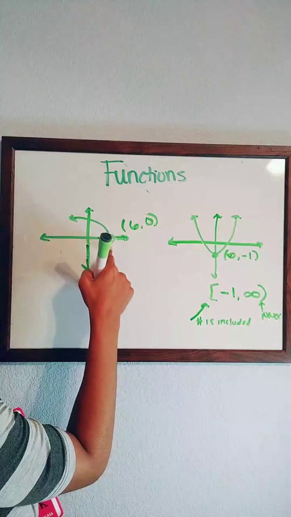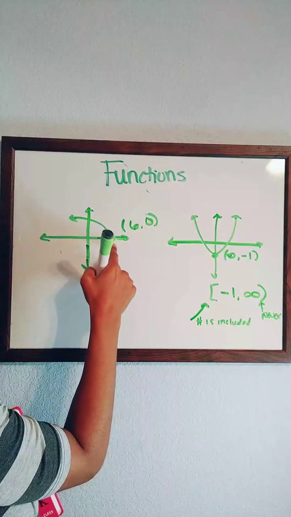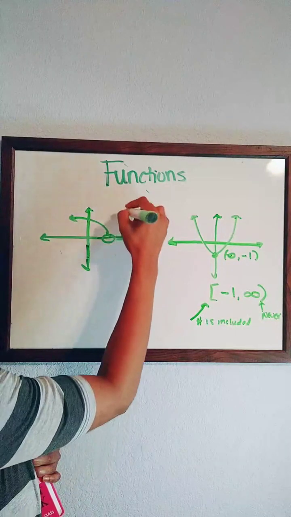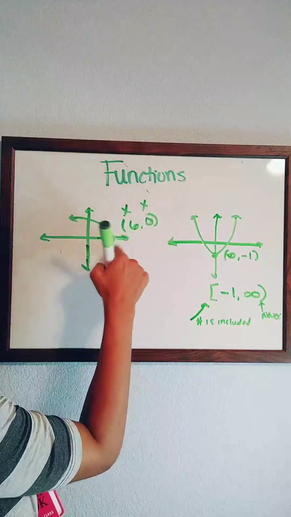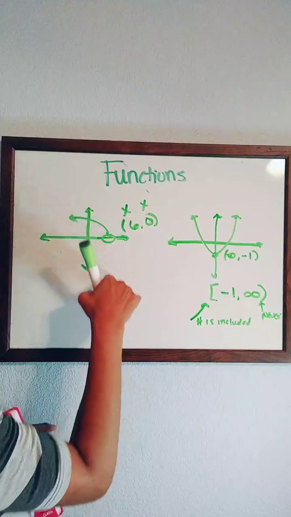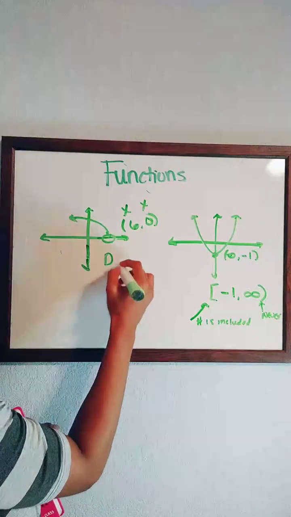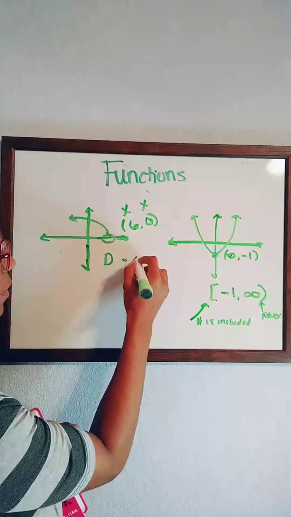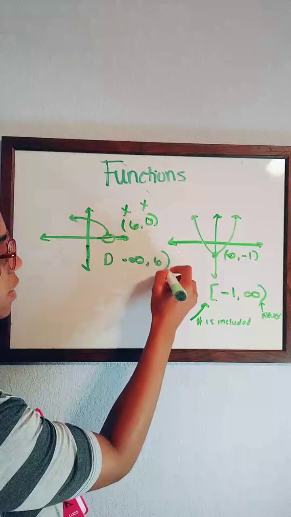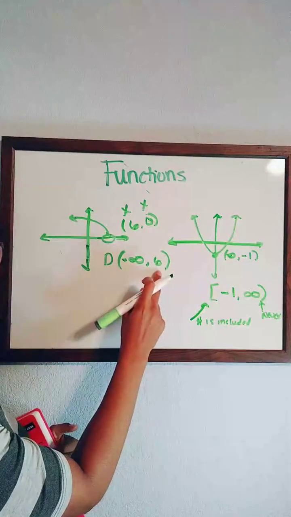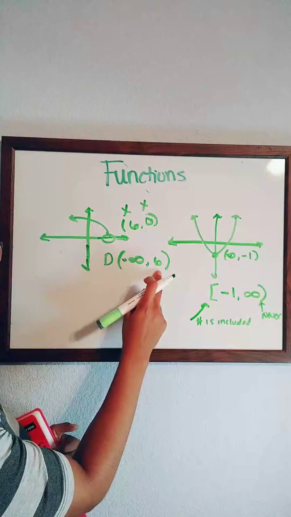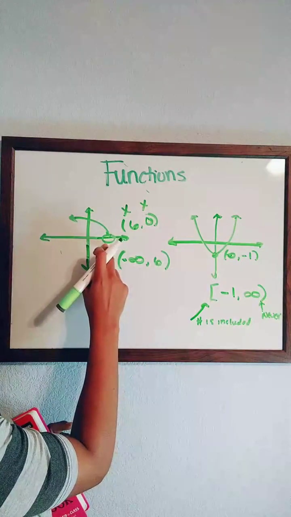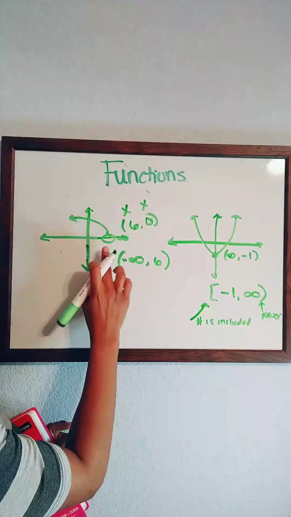Let's pay attention. This point says the graph no longer extends past 6 for my domain. It does not go down for my range. So this would be negative infinity up to 6. But I'm not going to put a bracket around it because this number is not included in the solution set, because I'm using an open circle.